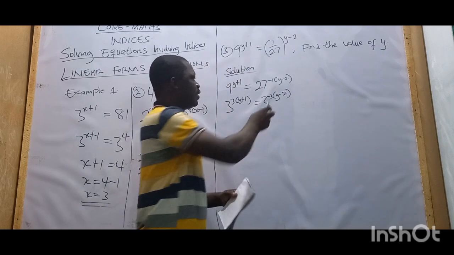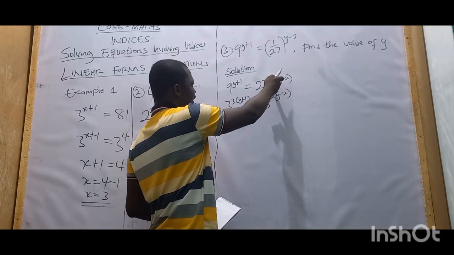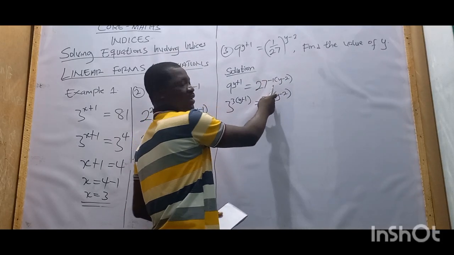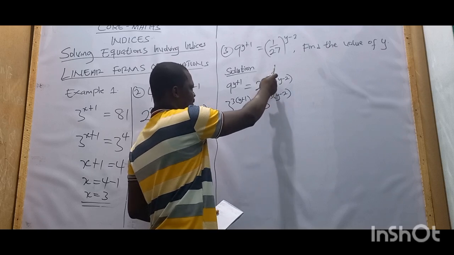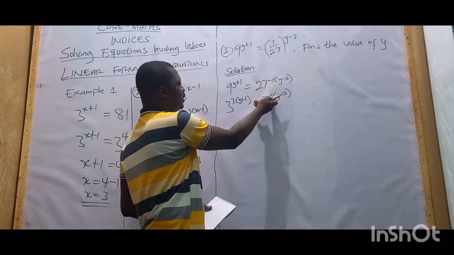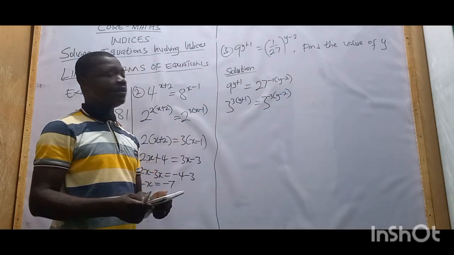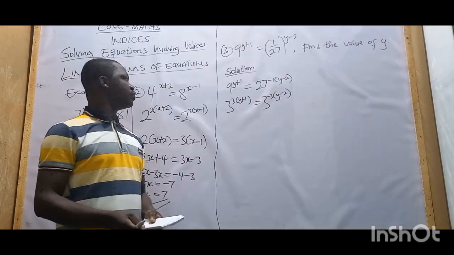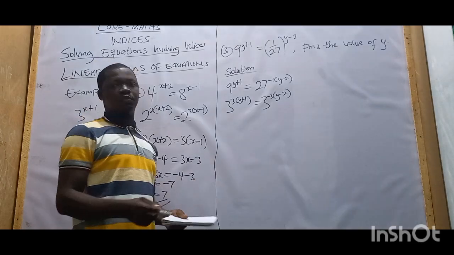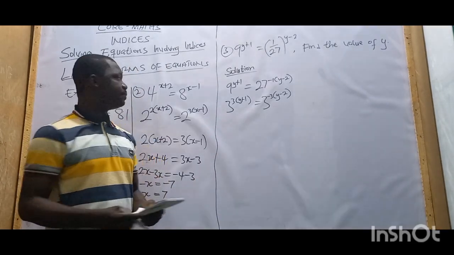Please, the reason why here is negative 3 is 3 times negative 1, you still get negative 3. Right, so 3 times negative 1 will give you negative 3. That's why I wrote negative 3 over here. So since my bases are the same, I'll proceed to equate the exponents and solve for the value of y.